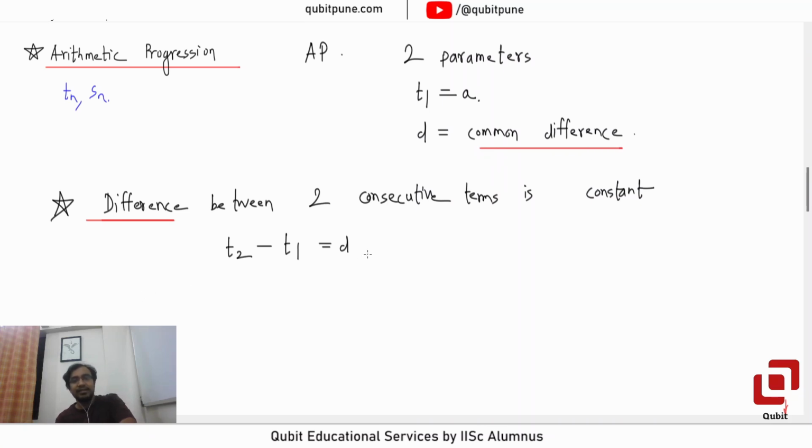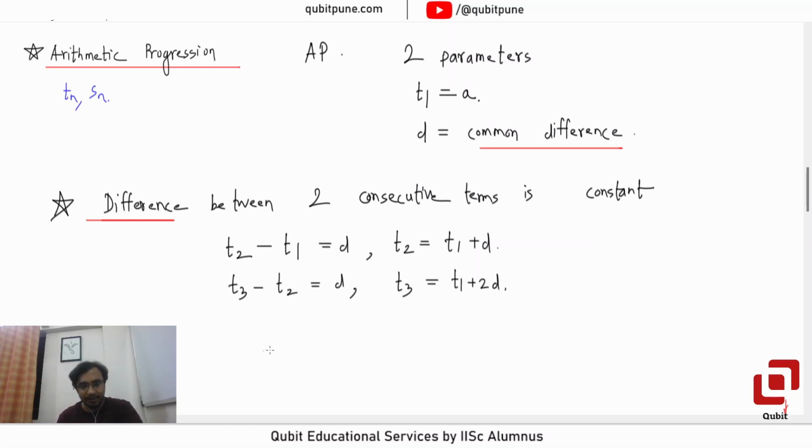When I say T2 minus T1 equal to D, T2 becomes T1 plus D. When I say T3 minus T2 is equal to D, T3 becomes T2 plus D, but T2 is already T1 plus D, so it is T1 plus 2D.